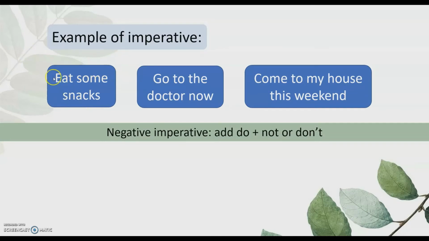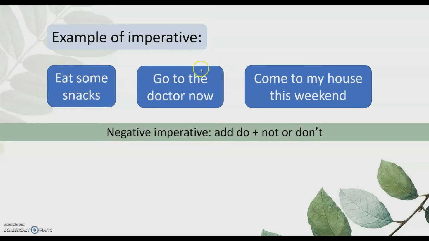There is no subject here before eat. If it were a normal sentence, it would be, for example, Ali is eating some snacks. That is for a normal example. For imperative, because it is used in conversation, there is no subject. So we only say eat some snacks.